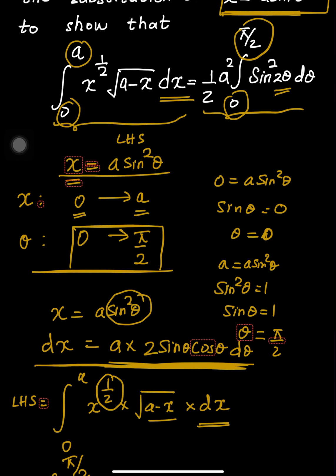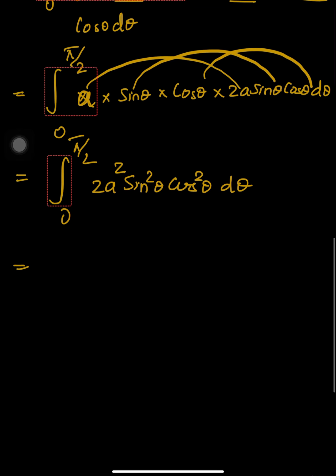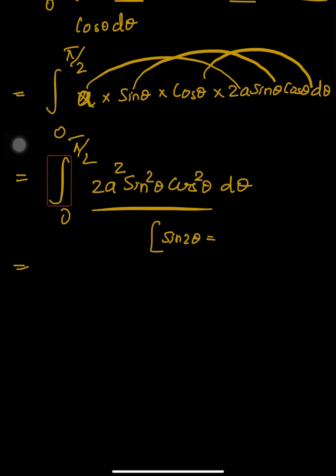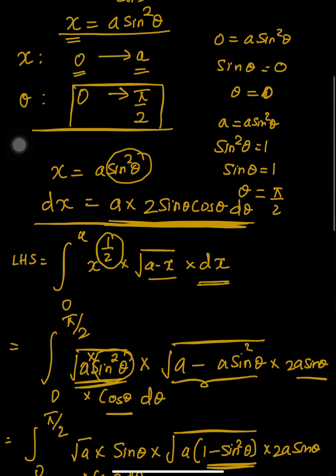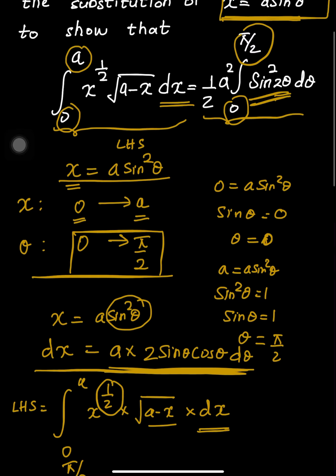You can see that the right hand side is in 2 theta format. So you have to completely change this into 2 theta format. You know what sin 2 theta is? Sin 2 theta is 2 sin theta cos theta. You can clearly see sin theta cos theta is there, but it's in square. The right hand side is also in squared format.